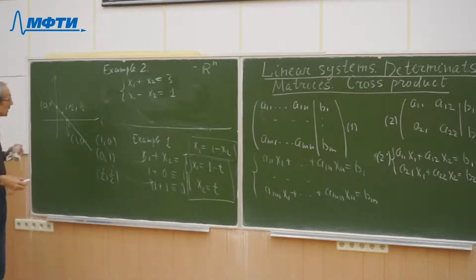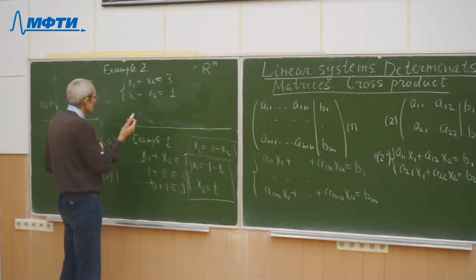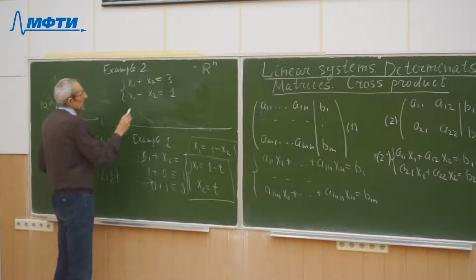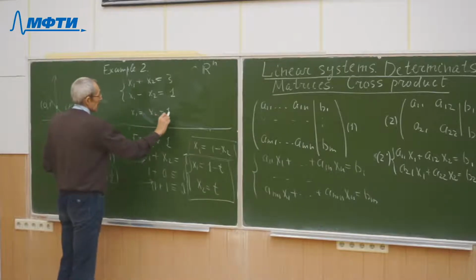In this case, we can express from the second equation the first unknown: x1 is equal to x2 plus 1.